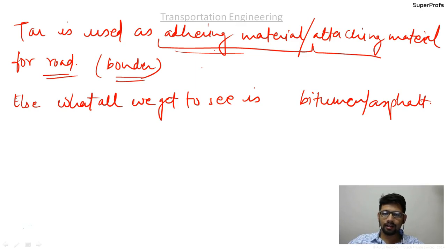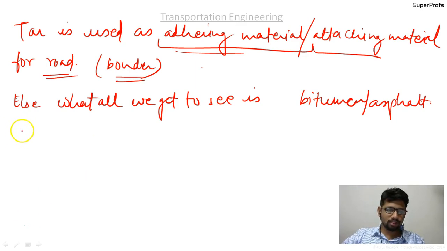Since it has to act as a bonder kind of thing. But still we commonly classify all the roads as tar roads, though what we see is the bitumen. Okay, so that is what the problem is, but that is fine.